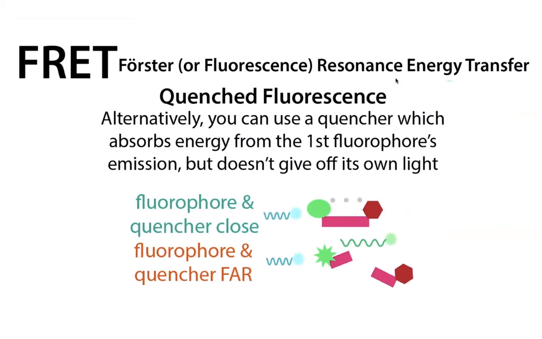Yes, it gives it back as heat and all that boring stuff, but not as light. So if you shine light that excites the first fluorophore, you're not going to see any emission if they're close together. But if they go apart, then you can see the emission of the first one. Remember, the quencher doesn't have an emission.